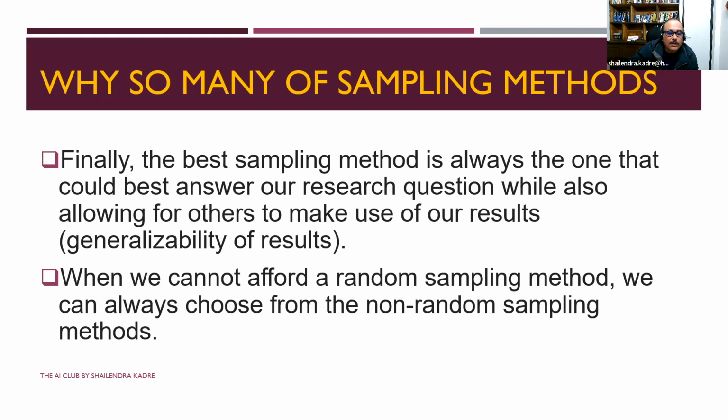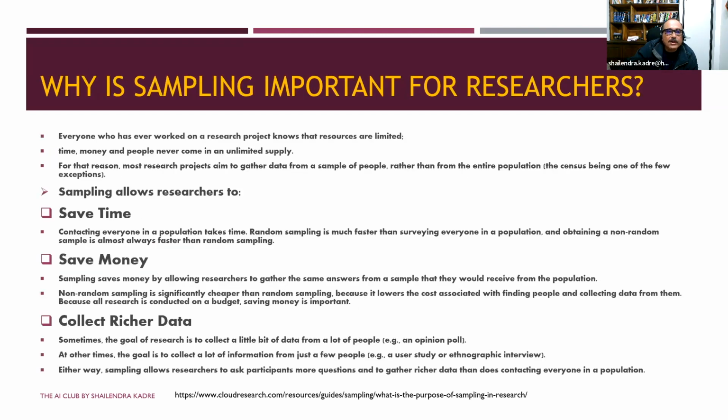We need many because different purposes need different sampling methods. Why is sampling important? Everything depends on the sample. If your sample is good, your conclusions about the population will be good. If your sample is junk and does not represent the population, whatever conclusion you draw from it will be junk. That is why the sample is important.